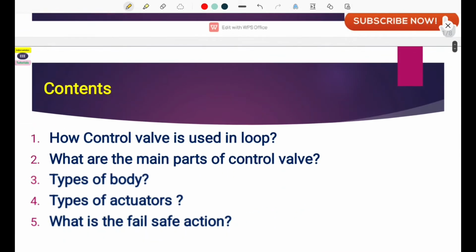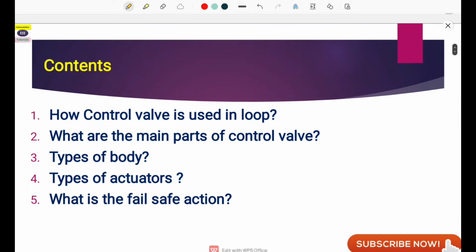Where we have 5 questions and we will cover how a control valve is used in a loop, for the control loop in a flow measurement, and also in a pressure measurement, temperature measurement and level measurement.